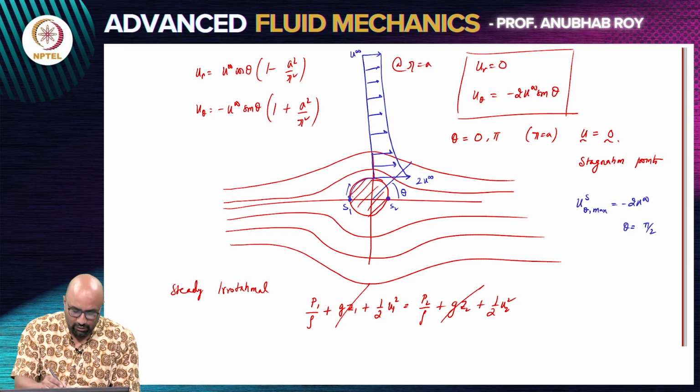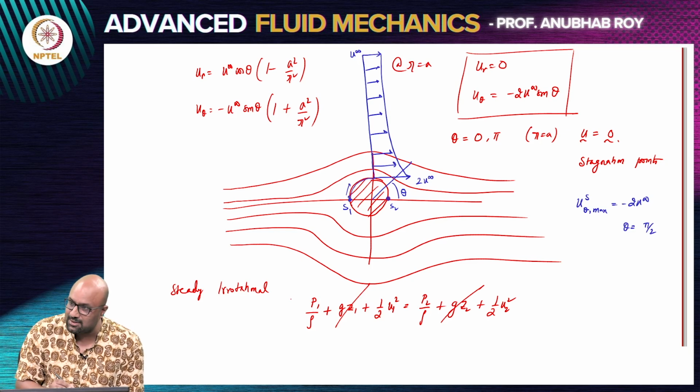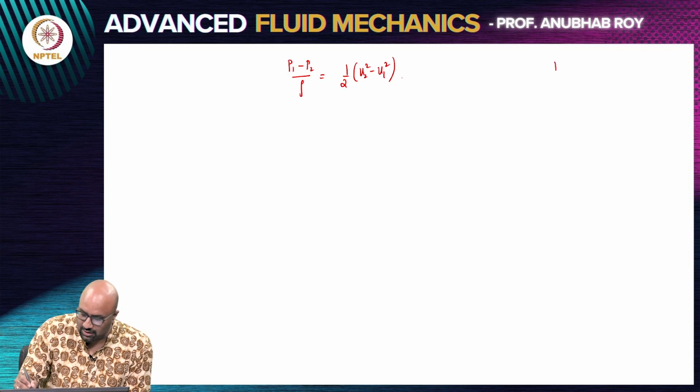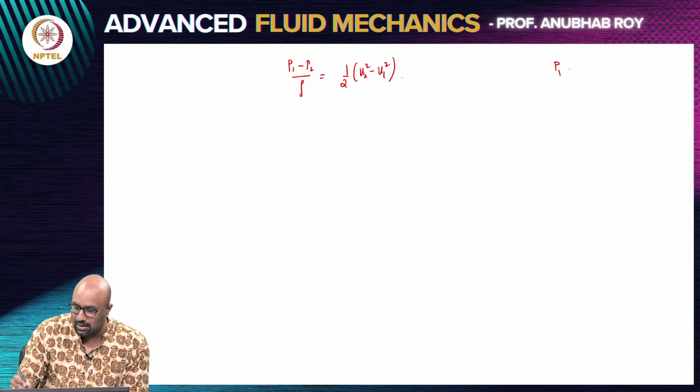So, what we will do is choose one of the points on the surface of the cylinder and the other point at infinity. I will choose P1 on the surface and P2 at infinity.